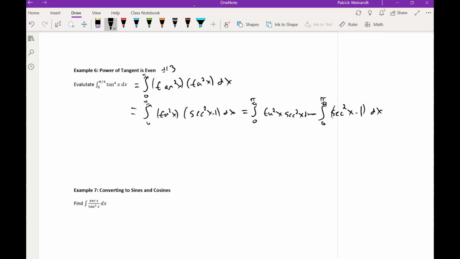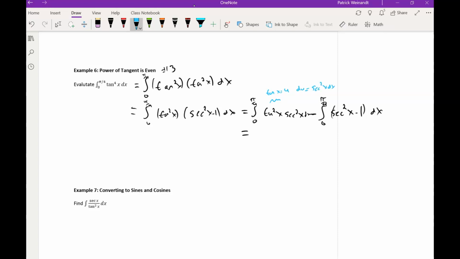The reason you split these up is because of this tangent squared secant squared. Remember that if tangent is u, just that tangent term, then our du becomes secant squared of x dx, which is right here.